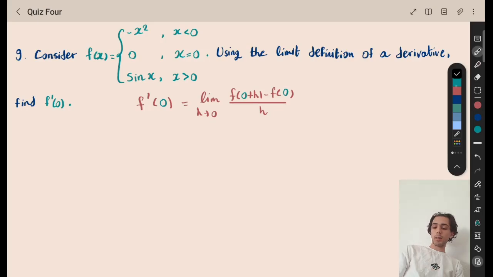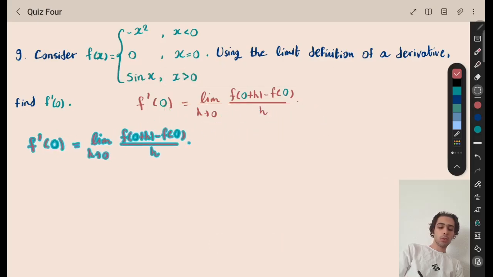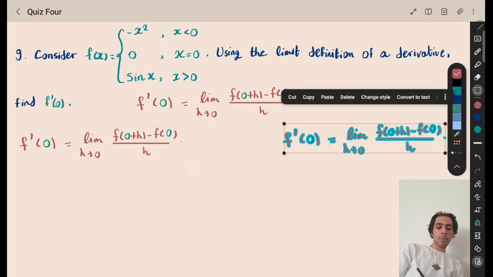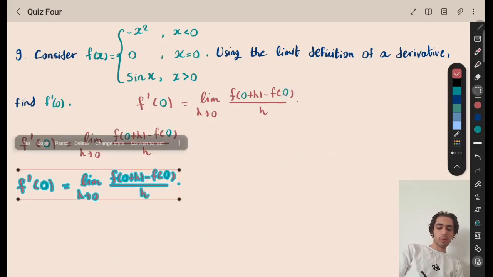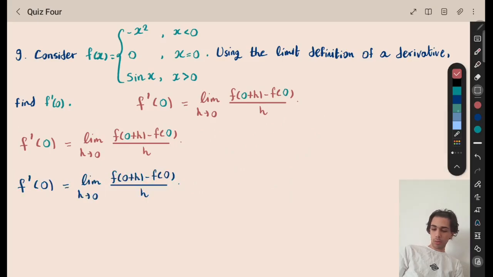So in that case, we need to consider f prime of 0 positive. Maybe I'll say f positive of 0 prime and f negative of 0 prime. And I'll write it as follows.